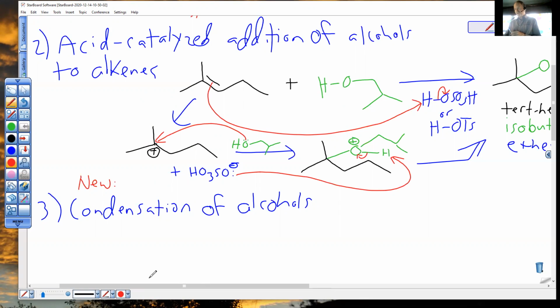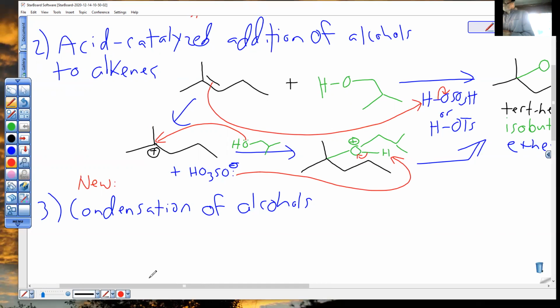And during this process, a small molecule, such as water, is lost. Do not confuse condensation with dehydration. Dehydration does not involve 2 molecules coming together. Dehydration is a molecule losing water. There is a relationship. One step in the condensation process will be called a dehydration. That's where the similarity ends.